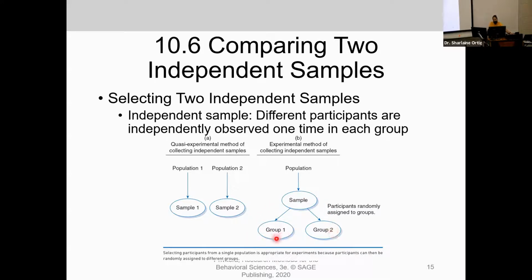So for example, these individuals are outpatient and outpatient only. They're not going to go to group number 2, which is, say, for example, residential. They are indeed different participants and they're only going to be observed one time. So say my residential treatment participants are not going to be, at another time, put in my general outpatient.